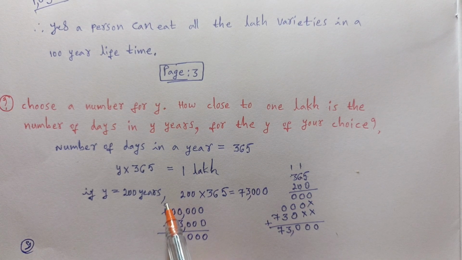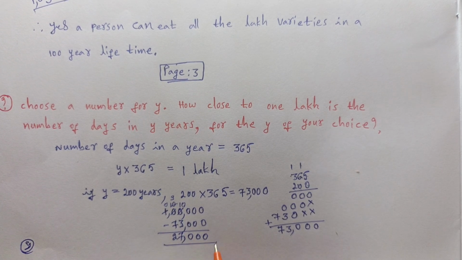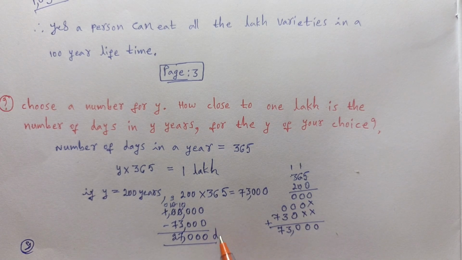So this 1 becomes 0, this 0 becomes 10, and again after giving 10 as borrow, it becomes 9, and it becomes 10. Now 10 minus 3 is 7, and 9 minus 7 is 2, and here nothing is there. So I am getting 27,000 days difference. So here you can select your own value of y. So answers may be different.